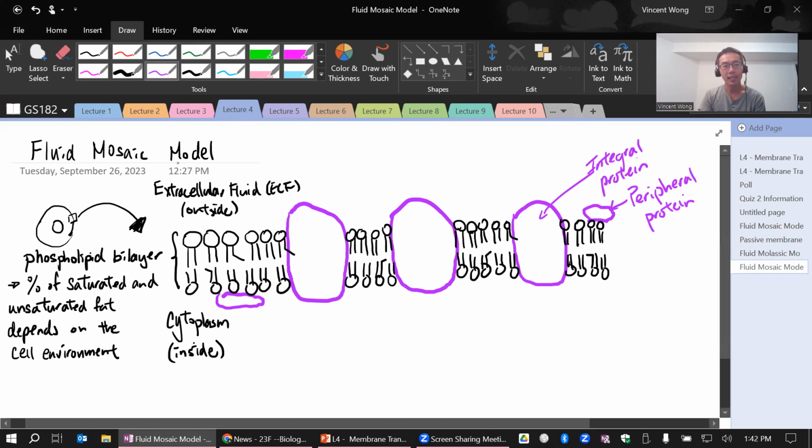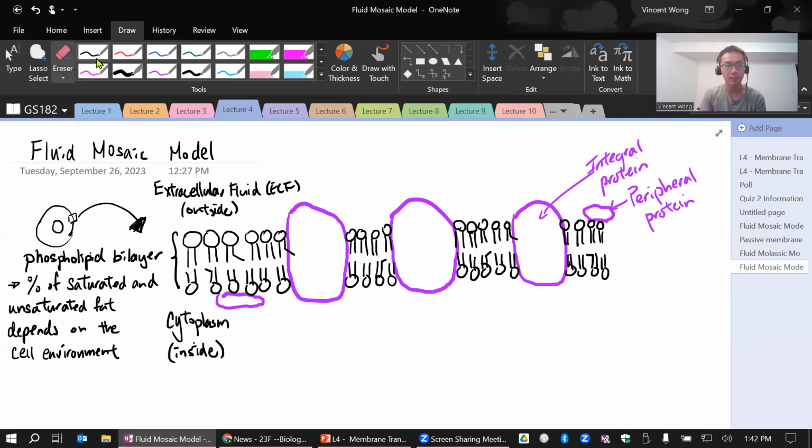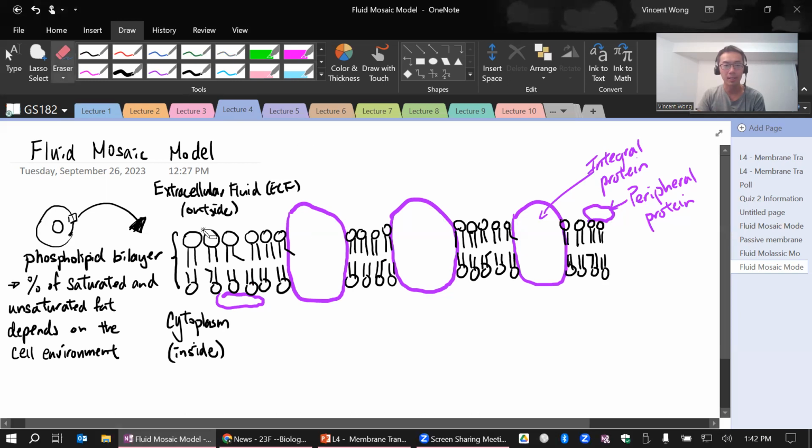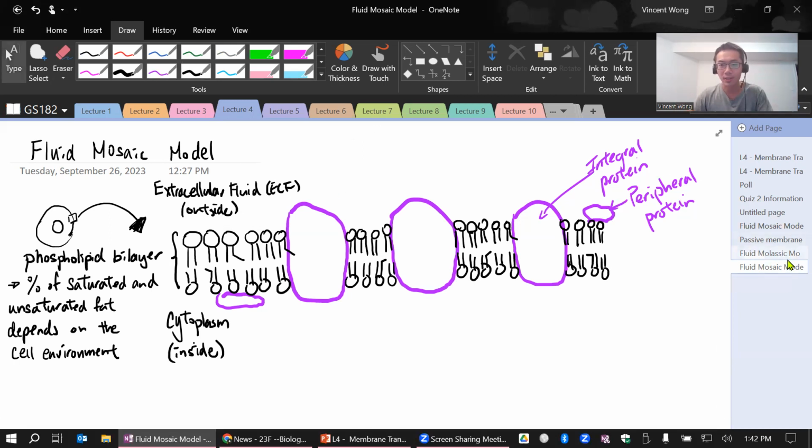Now I want you to understand that this is a 3D structure, right? You don't have to draw this part. It's going to make your diagram very messy, but I want to show you that this is a three-dimensional structure. So you're going to have more heads all over the place. Do you understand that? Let me just erase all these things. Try to visualize this.